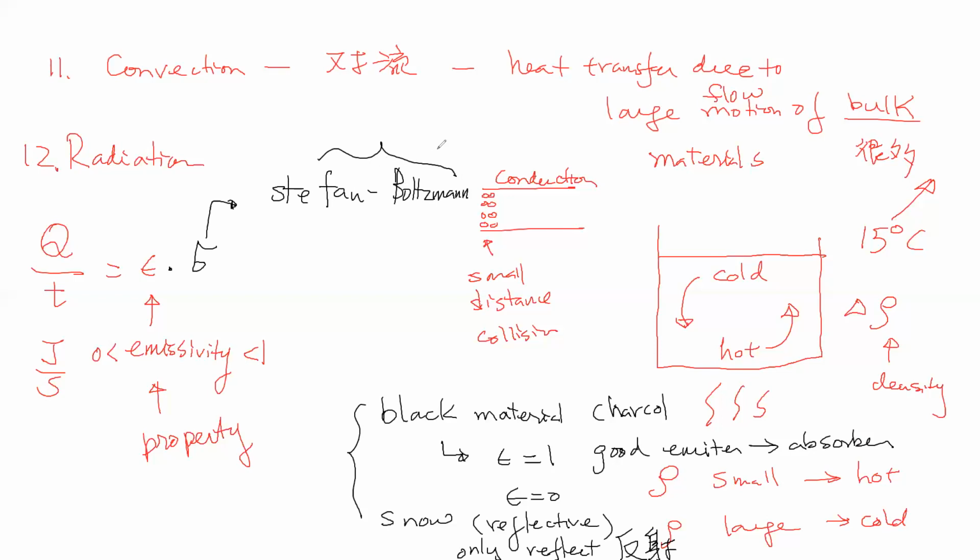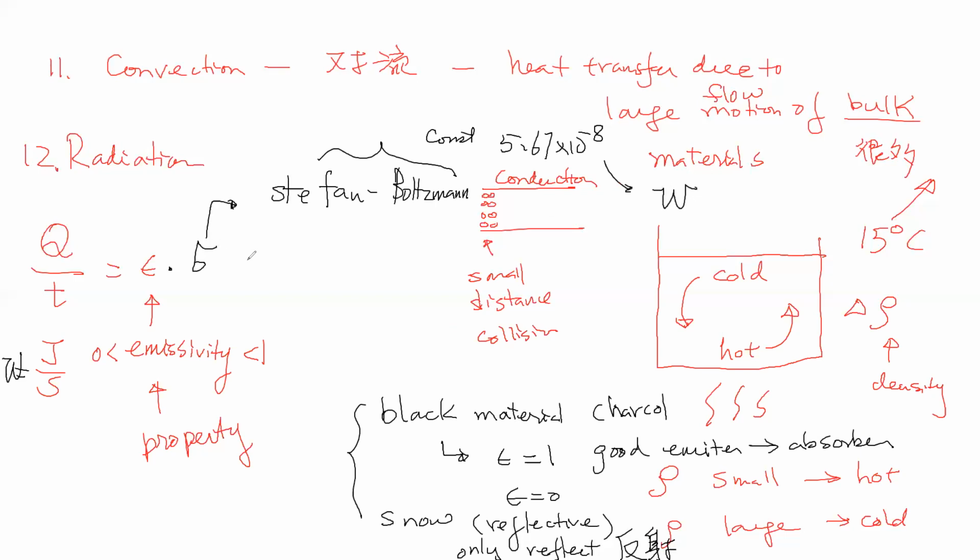So this is the Stefan Boltzmann constant. And that's equal to 5.67 times 10 to the negative 8. And the unit is going to be watts, because this side is watt. That's equal to watts, right?